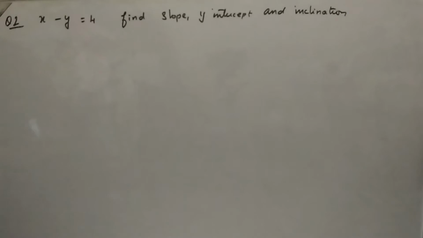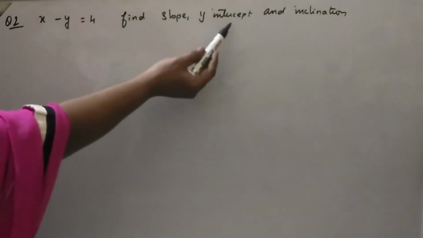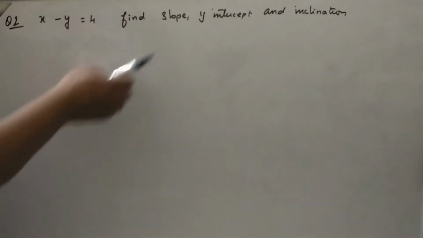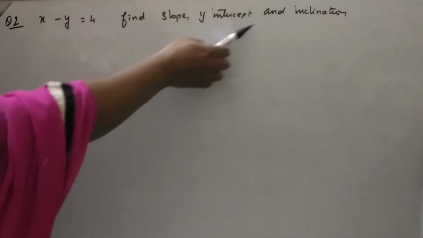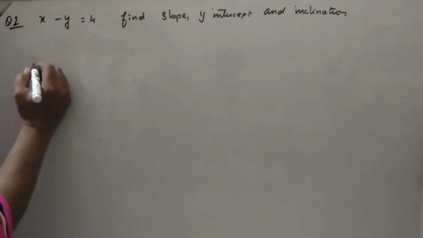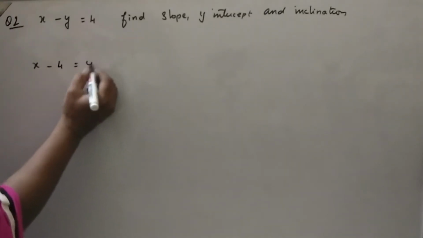Question number 2. Equation is given x minus y is equal to 4. Find slope, y-intercept and inclination. What we have to find? Slope, y-intercept and inclination. First you write y is equal to x minus 4.